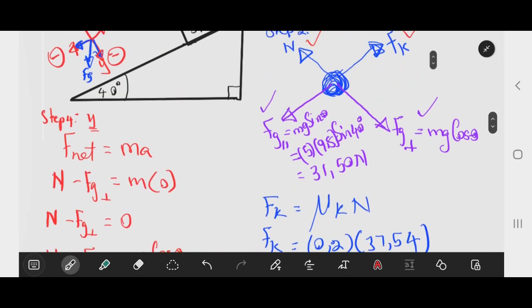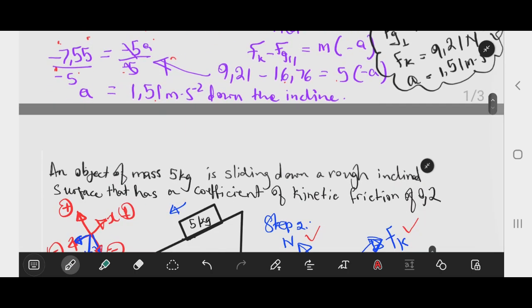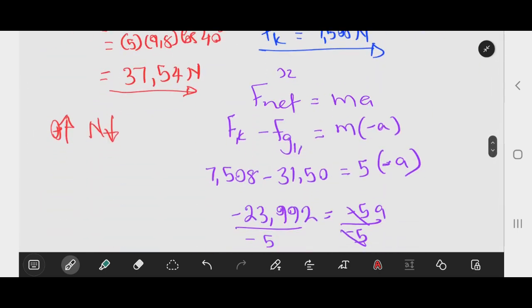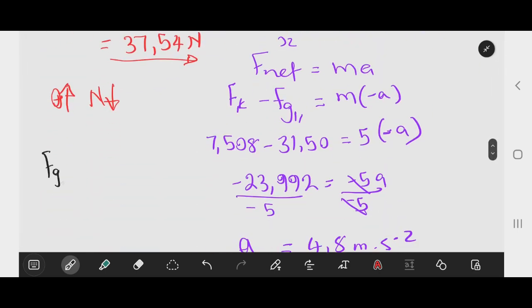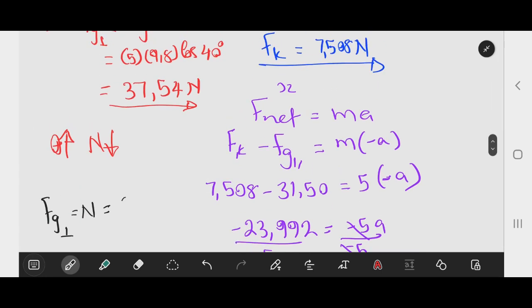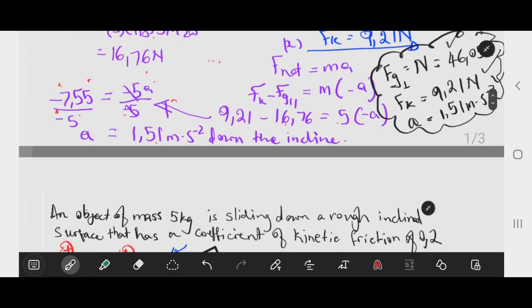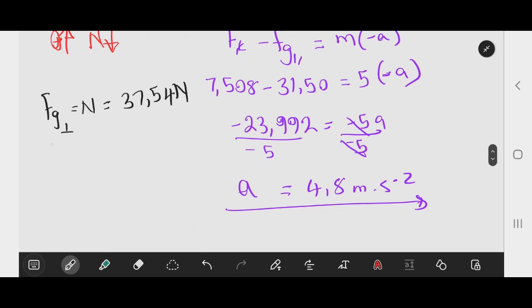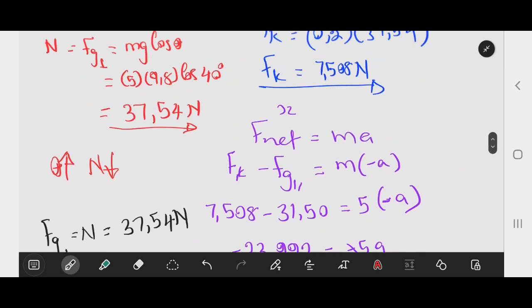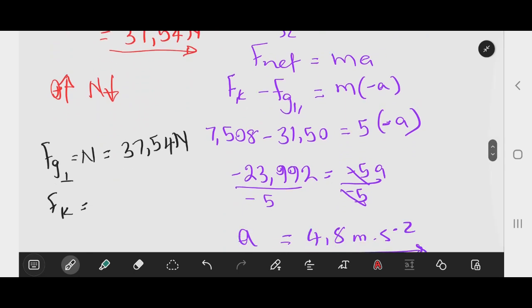So if the angle of inclination is 40, right, Fg perpendicular, which is the same as the normal force, is equal to 37.54 newtons, right? And for our frictional force, we have obtained 7.508 newtons, okay?